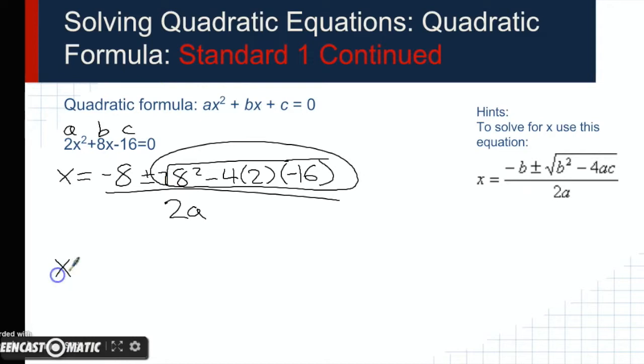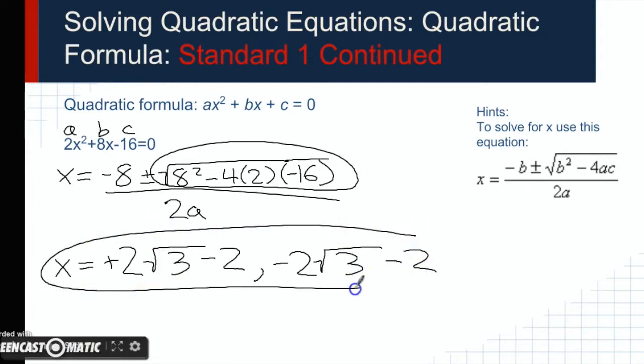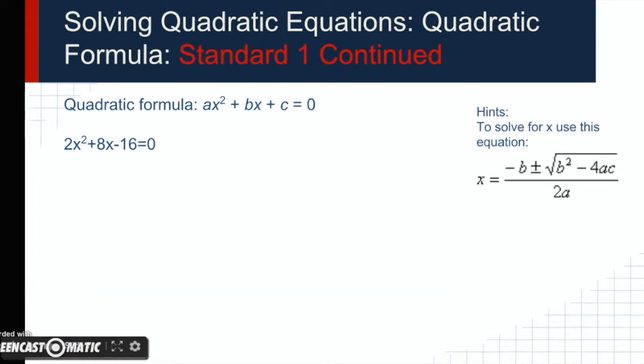So you can put that into your calculator using either the plus or minus. So using the plus, you get a positive 2 square root of 3 minus 2. Or if you put it in the minus or negative, you get a negative 2 square root of 3 minus 2. And that is your solution.